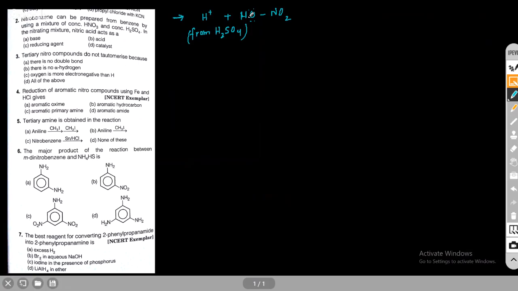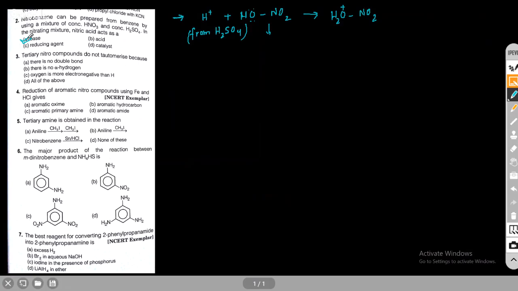This lone pair on the oxygen atom will accept this H plus and it forms H2O plus NO2 plus, which further dissociates, and then NO2 attaches in the reaction. So like this the reaction proceeds. HNO3 accepts H plus from H2SO4, that's why it acts as a base. The answer is correct.